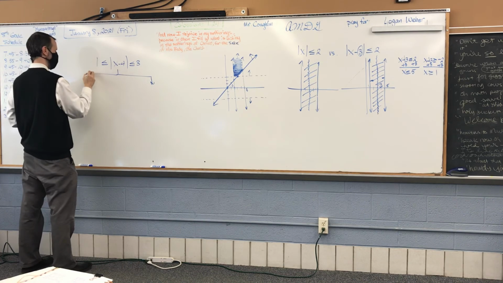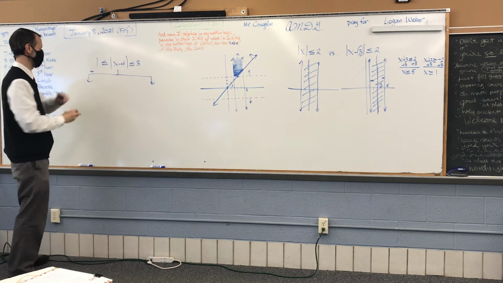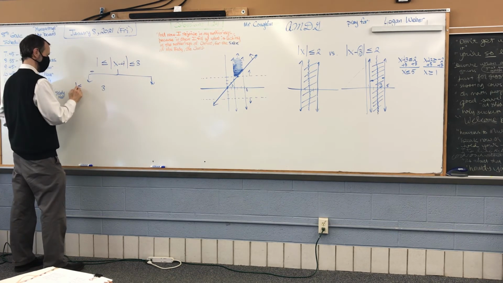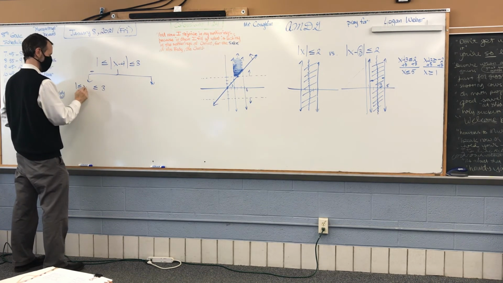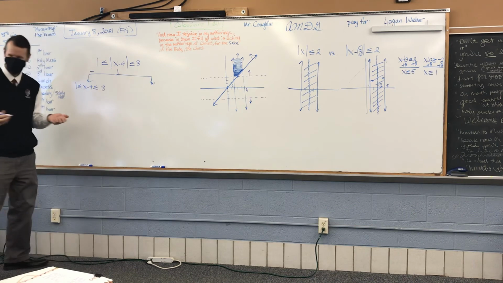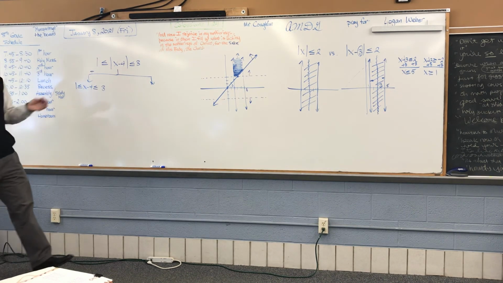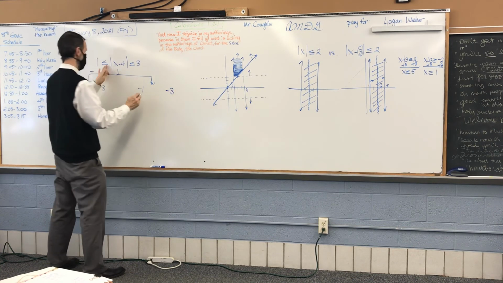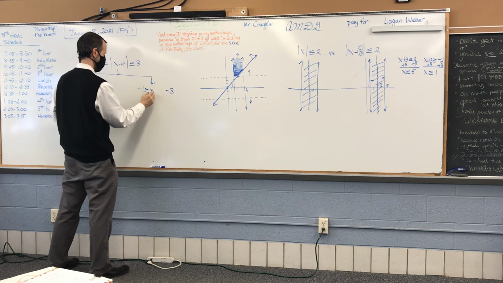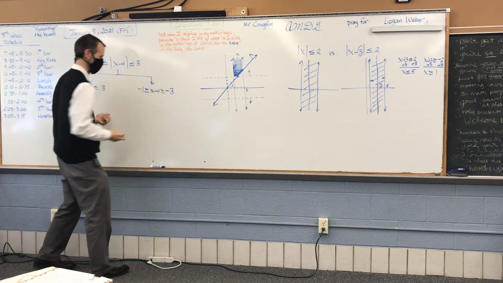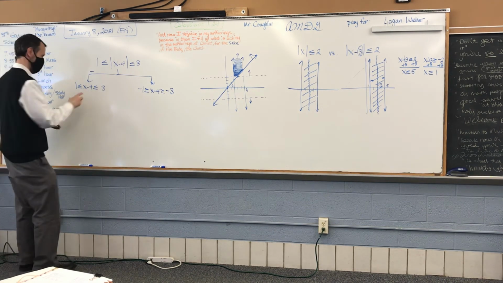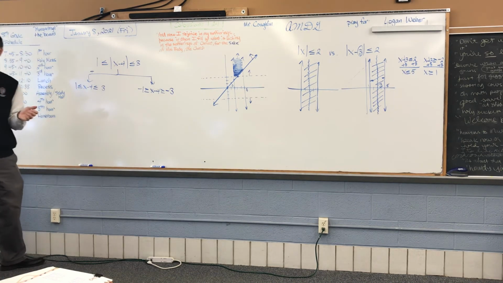Split it on the positive side. So this is going to be positive 1, positive 3. The positive side doesn't flip. It's going to be x minus 4. The negative side is going to be negative 1, negative 3, and these split. Make sense?